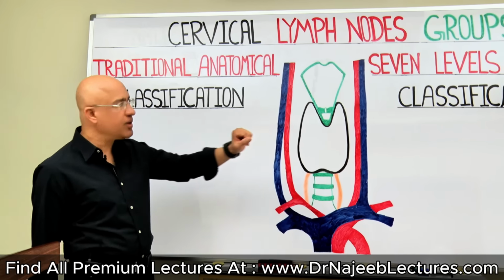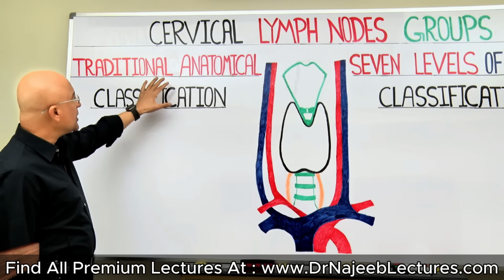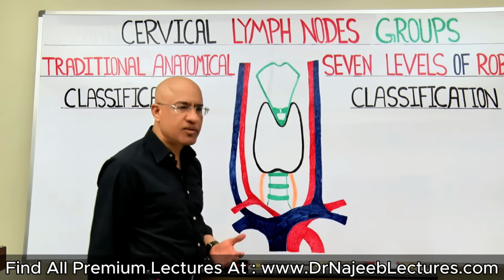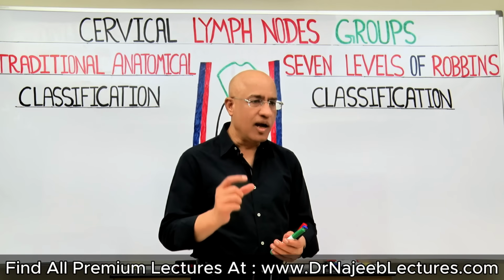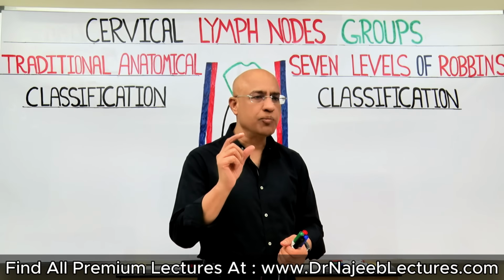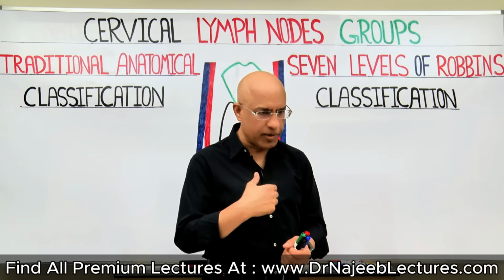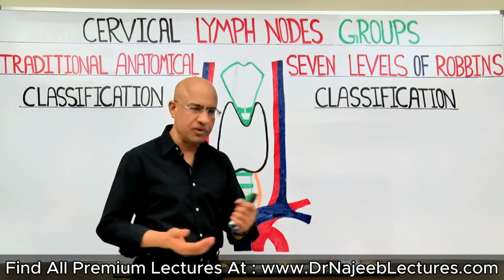Now, when we talk about different lymph node groups in the neck, they are basically classified in two ways. One way is the traditional classification, right? In the traditional anatomical classification, I will discuss the different lymph node groups in the neck and how they are placed along different anatomical landmarks. That is usually what most of us have learned previously.